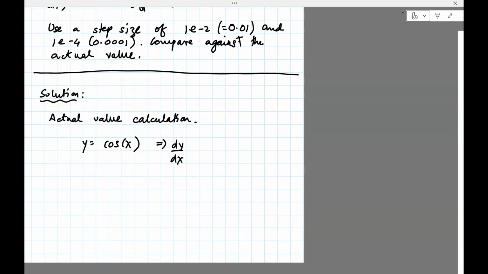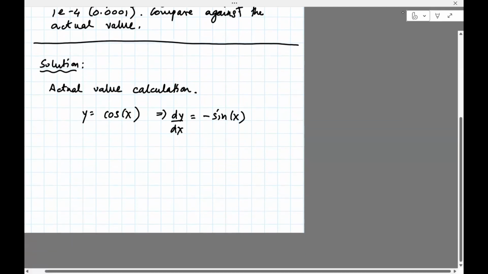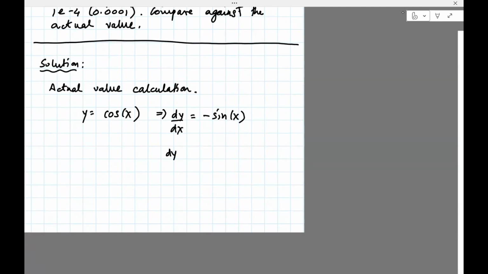So what's dy dx? Remember what's the derivative of cosine of x? Minus sin x. Good. And so we need to find dy by dx at pi over 6. Here's one way of writing it.